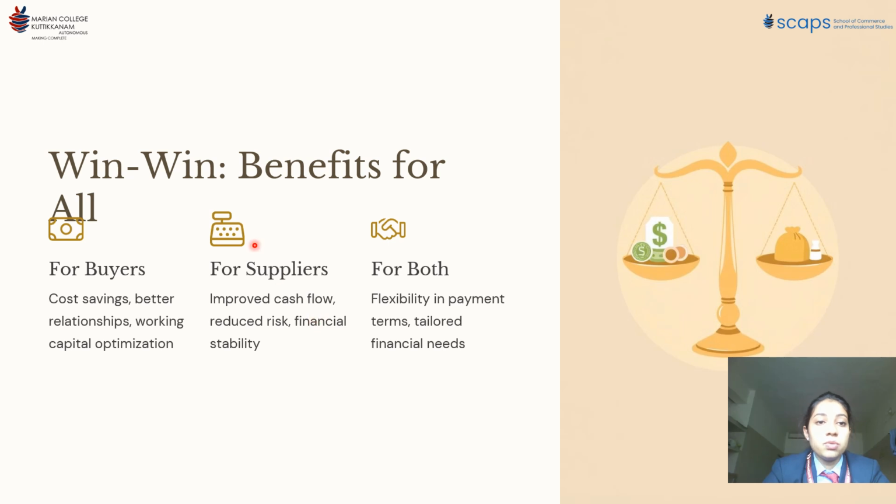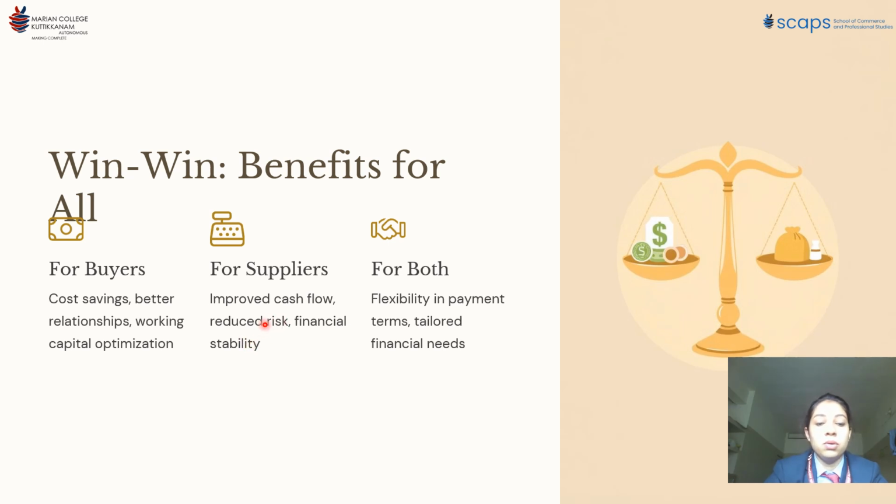The next one is for suppliers: improved cash flow, reduced risk, and financial stability. Suppliers who receive early payments can manage their working capital and reduce their need for external financing. They can rely upon these early payments for their daily cash needs, so that they don't have to opt for external financing.